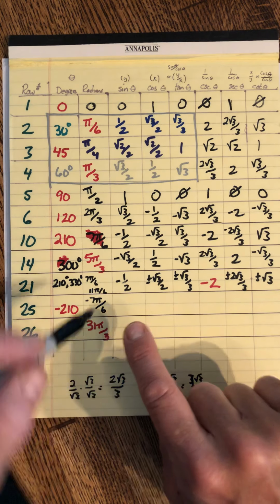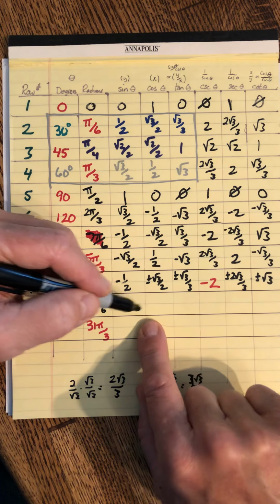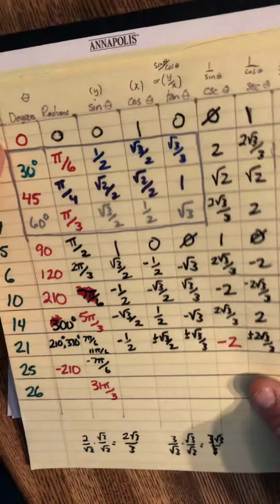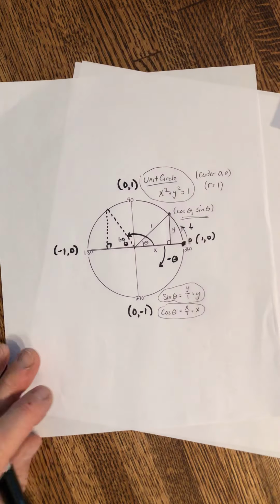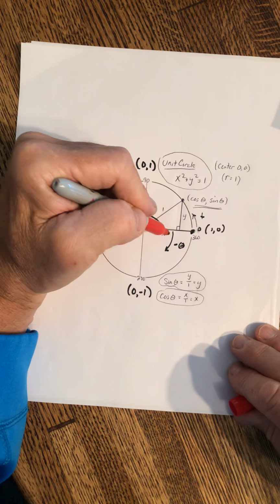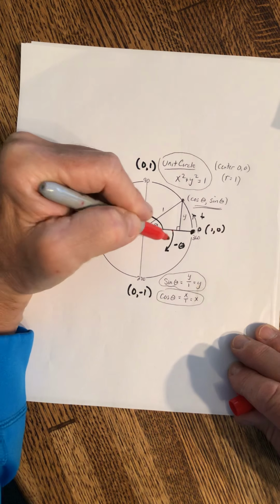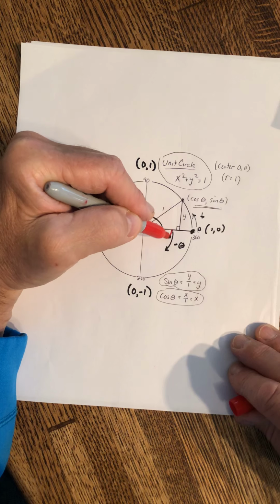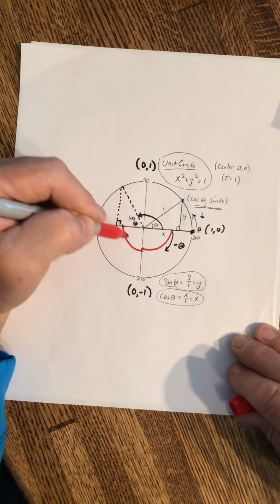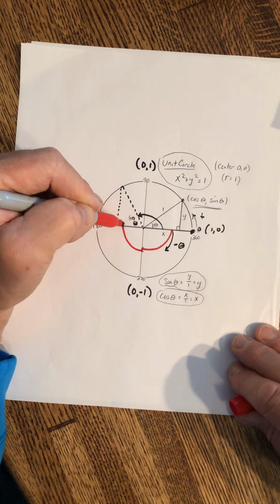But for the rest of the table, all we really care about to get these values is to figure out the terminal position of -210 degrees. What I mean by that is if we start at 0 and we're counting -210 degrees, this would be -90, this would be -180, and then 30 degrees more.